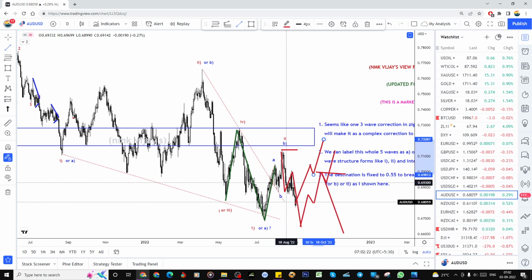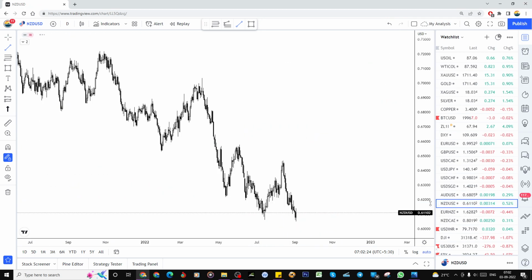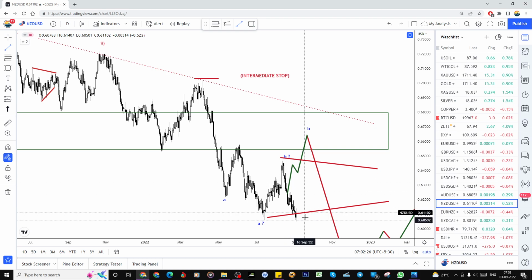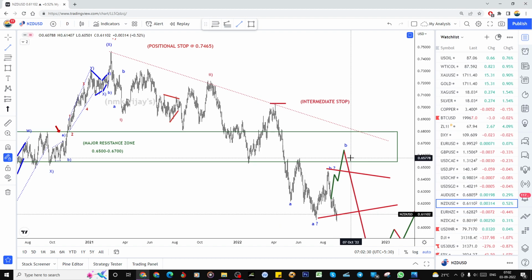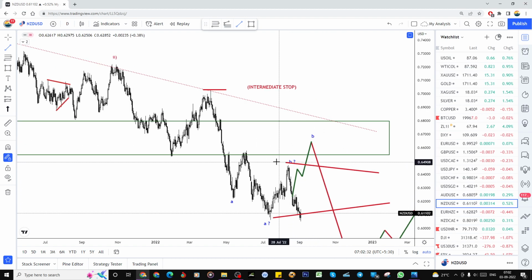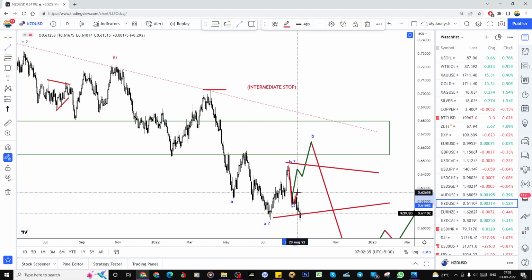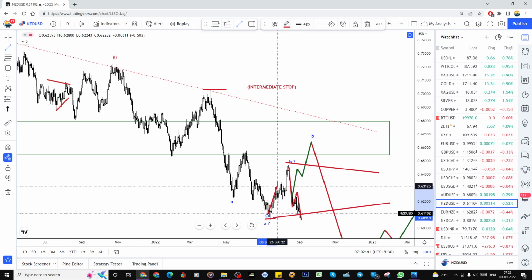So somewhat I am expecting the bounce, the same thing in the New Zealand dollar also. I am expecting it from here and the previous, right? Later on it also looks like a three-wave structure here. So even though it broke the previous low, I'm expecting these are three-wave structures.